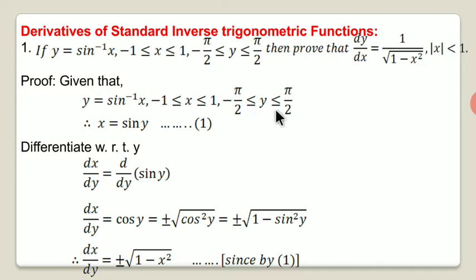Now we are given that y lies in the closed interval -pi by 2 to pi by 2. That means it lies in which quadrant? First or fourth quadrant.